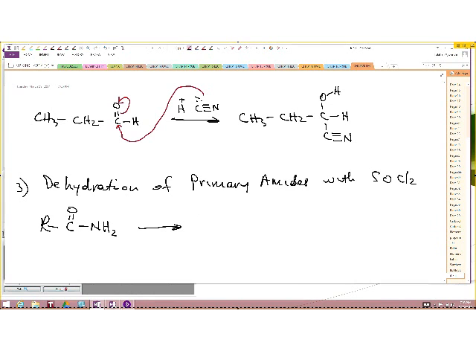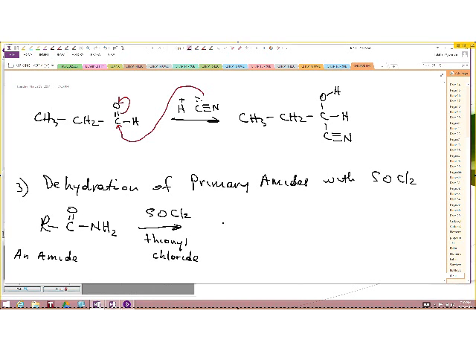Now, if you take this, take thionyl chloride, what this is going to do is essentially remove a molecule of water from the amide. This is what we call an amide. You remove a molecule of water from here, these two hydrogens and this oxygen here.